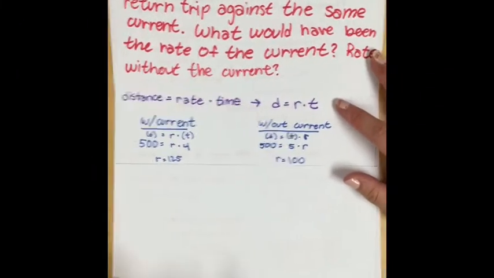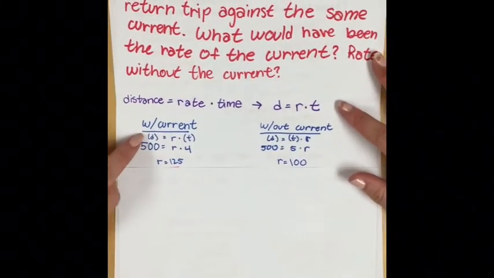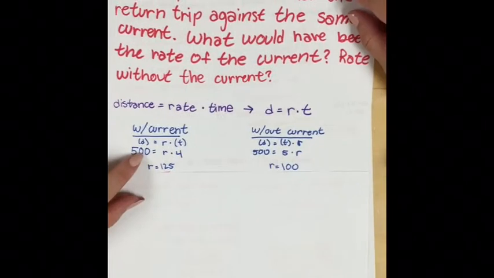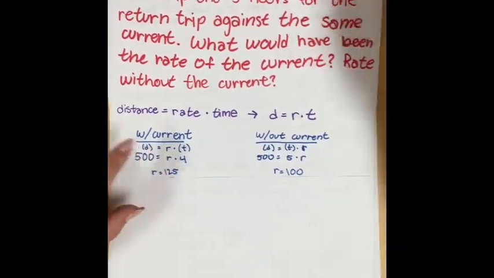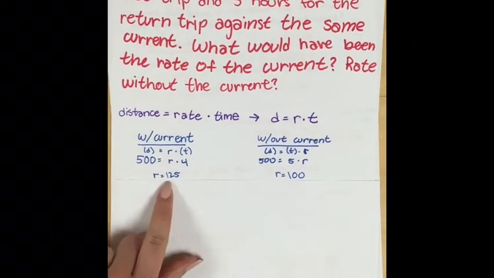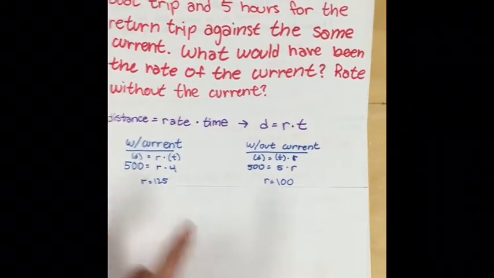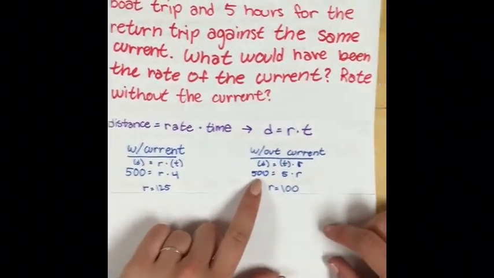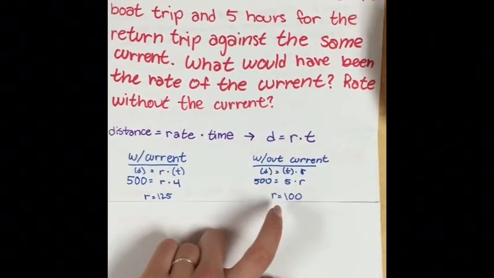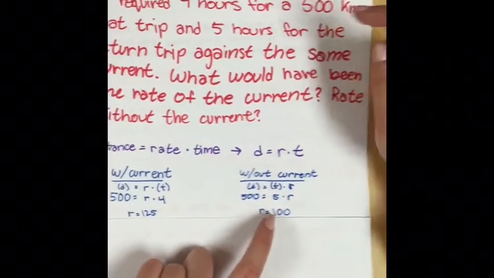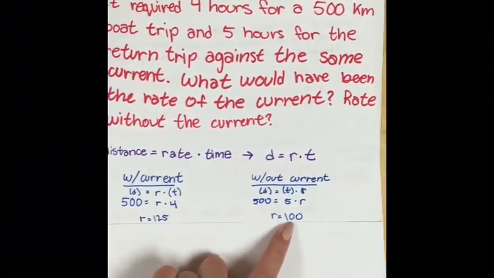So the first thing you would do is with the current, you would have 500 kilometers equals the rate times the 4 hours that it takes to go with the current, and you would get the rate as 125. And then without the current, you would take 500 kilometers equals 5 hours without the current times the rate, which would equal 100.